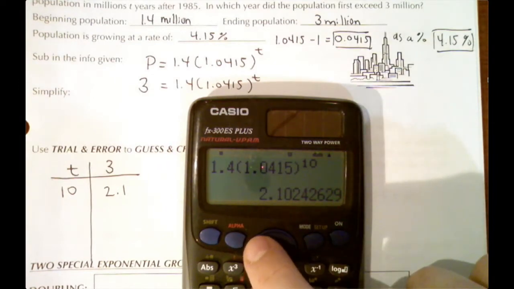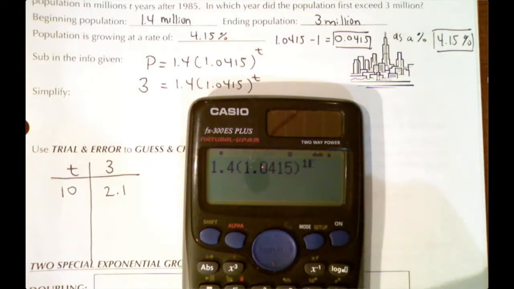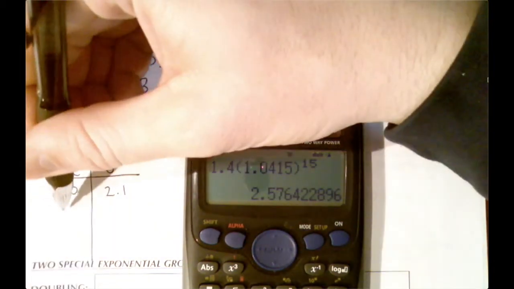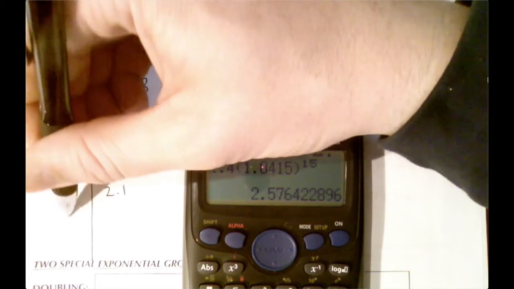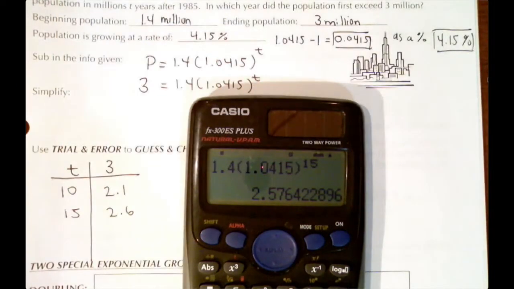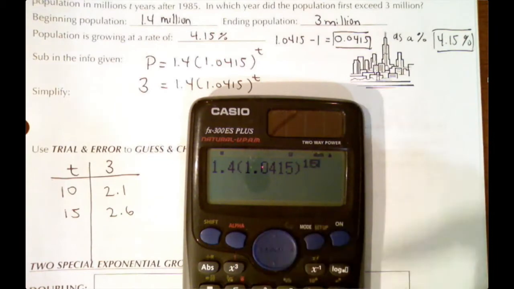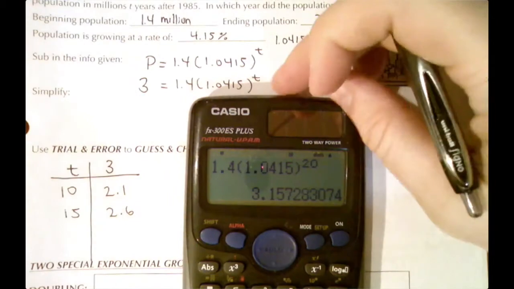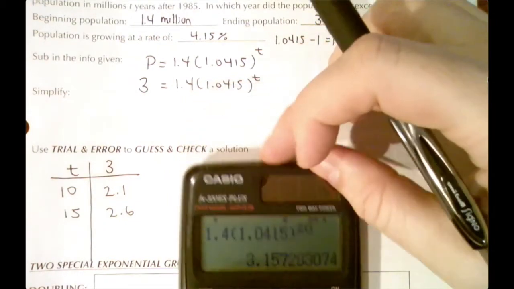Let's try something bigger. Let's try 15. 15's 2.57. Let's call it 2.6. 15's 2.6. Getting closer. Let's try 20. 20 is 3.15. That's 3.2. That's too big.